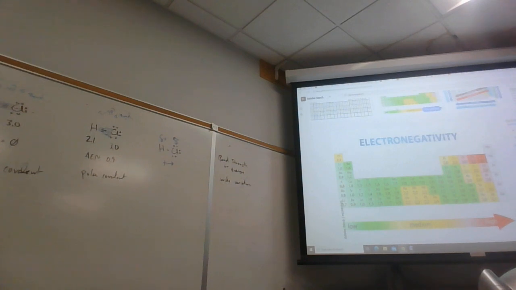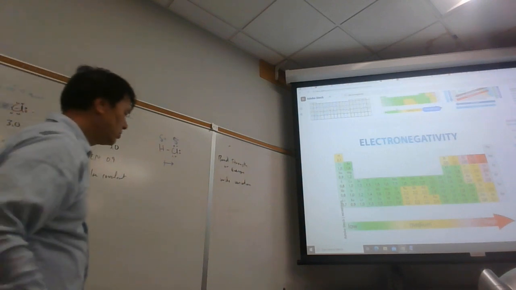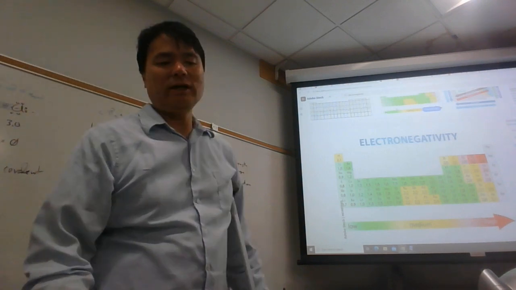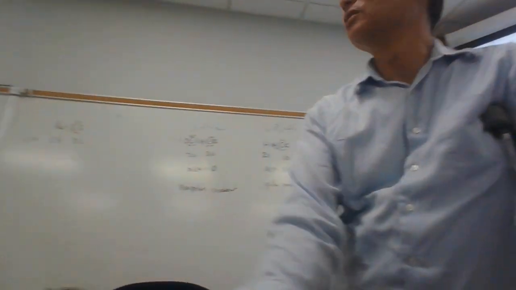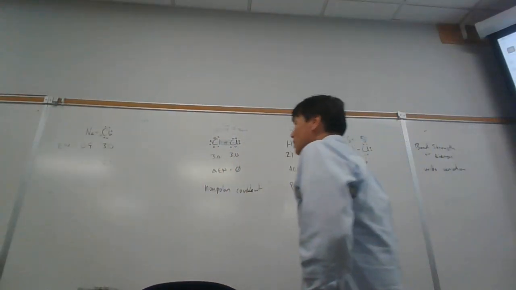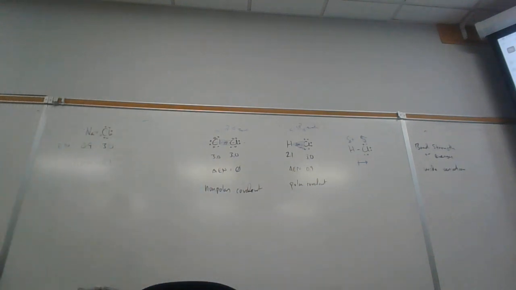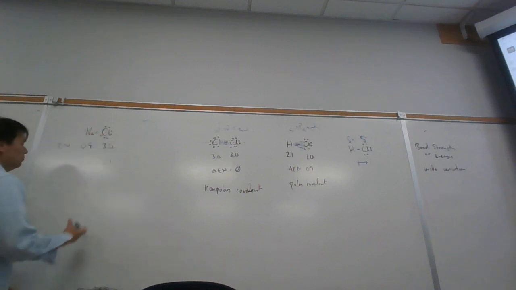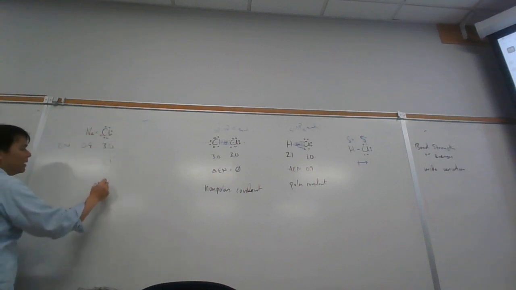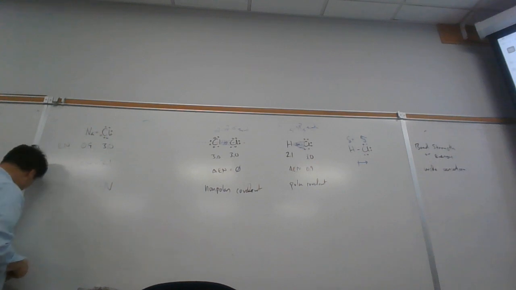And so that's going to give us a delta EN of 2.1. A delta EN of 2.1 is in what region? Ionic. And so we expect an ionic bond. So sodium is going to put up a fight, but it's too weak. And what's going to happen is it's going to lose the electron. And so when we draw Lewis structures for ionic compounds, we don't show a line representing a bond like I did up there. When we draw the Lewis structure for an ionic compound like this, sodium is going to lose the electron.